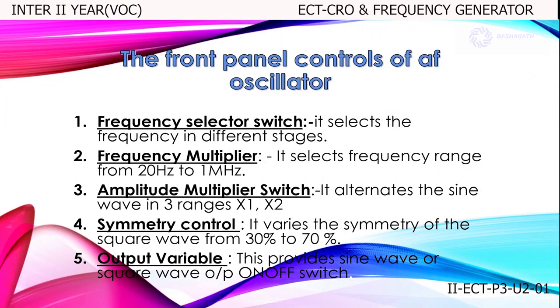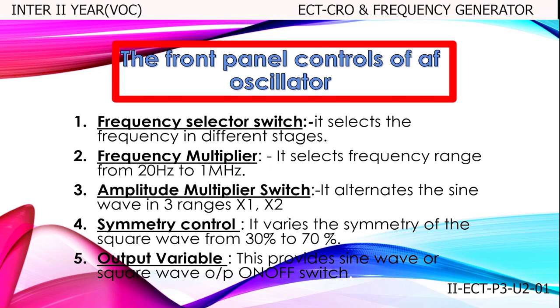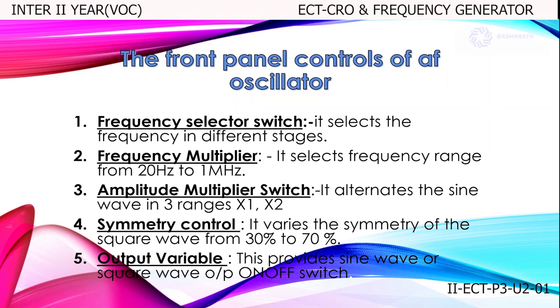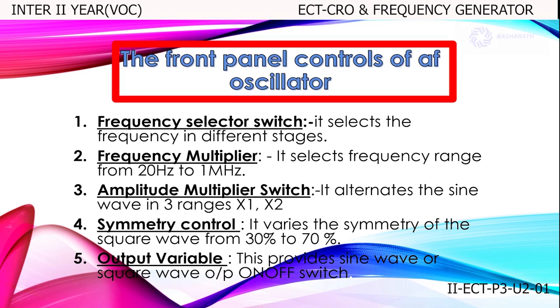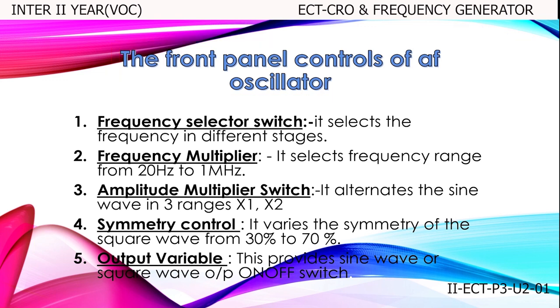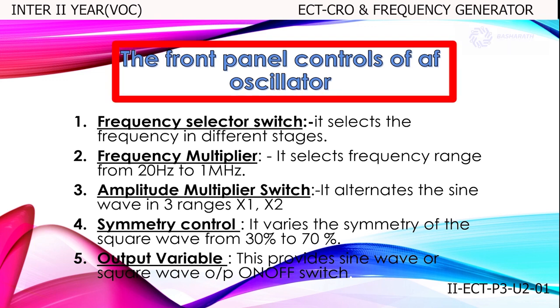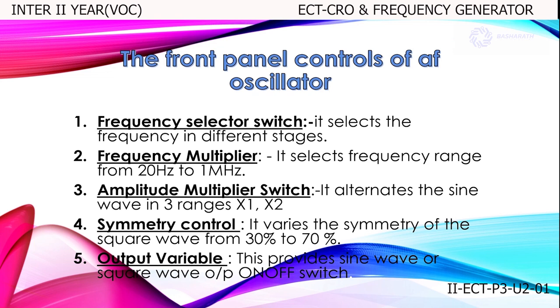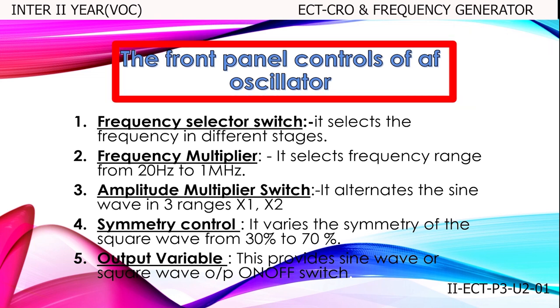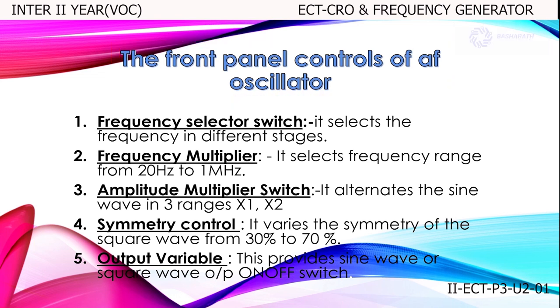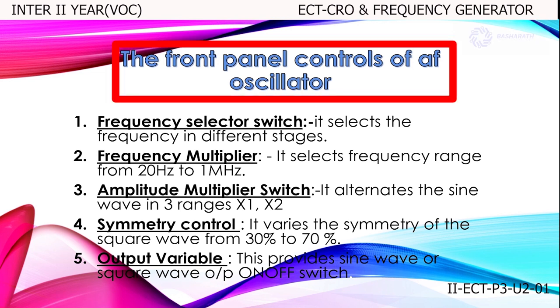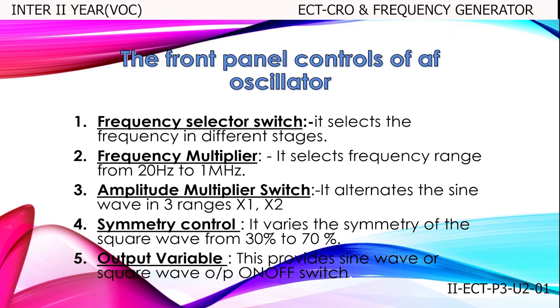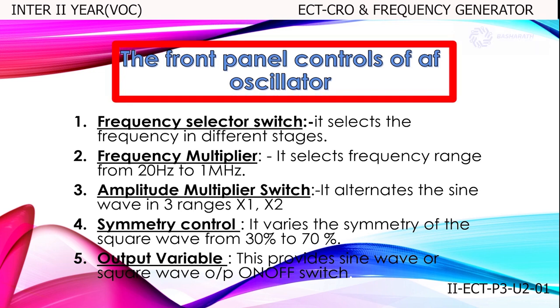The front panel controls of the AF oscillator consist of the frequency selector switch, frequency multiplier, amplitude multiplier switch, symmetry control, and output variable. Frequency selector switch: it selects the frequency in different stages. Frequency multiplier: it selects the frequency range from 20 Hz to 1 MHz.